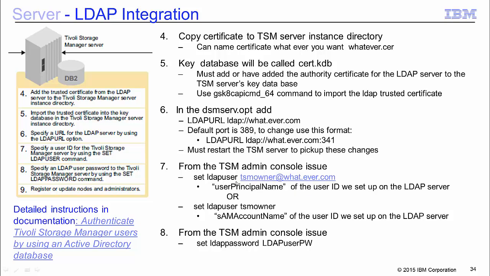When you specify these LDAP users, you can either use the principal name or the SAM account name. And this link here takes you to the detailed instructions that walk you through all the different GSK8 commands and so forth.